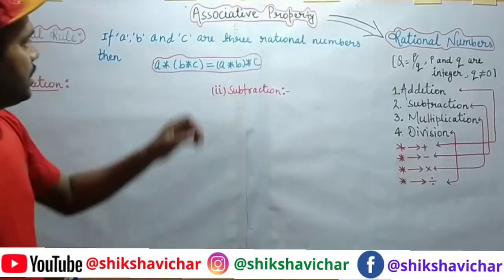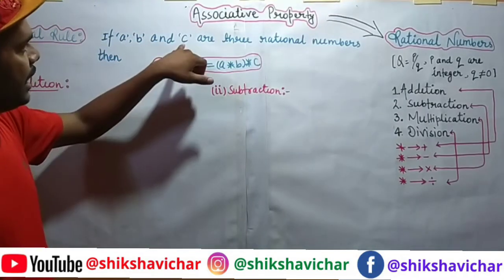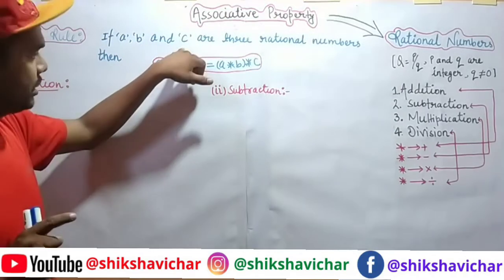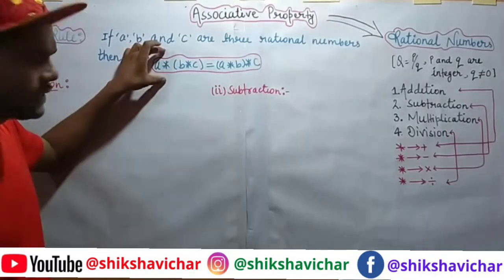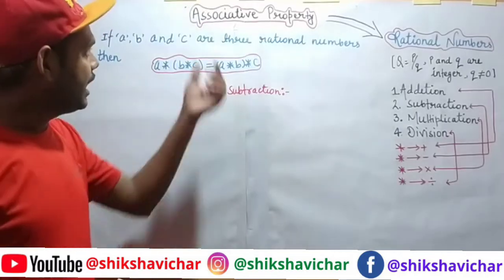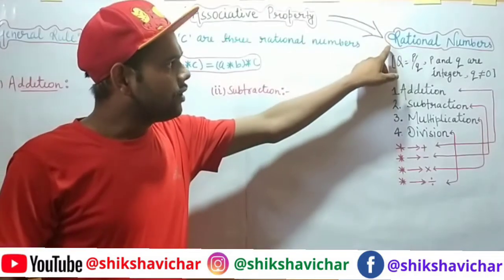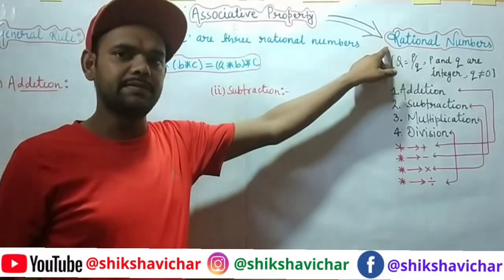That means a, b and c are rational numbers, then this result must be satisfied. If this result is satisfied, then we say that associative property for rational numbers is satisfied.